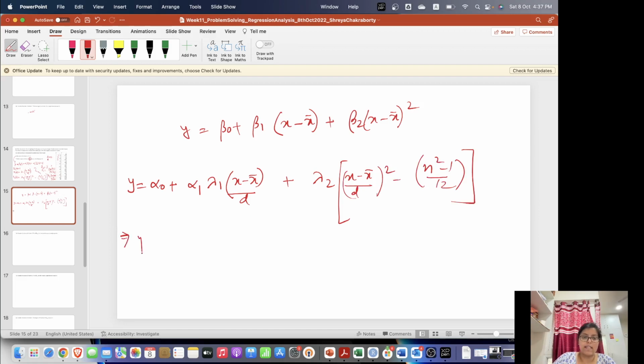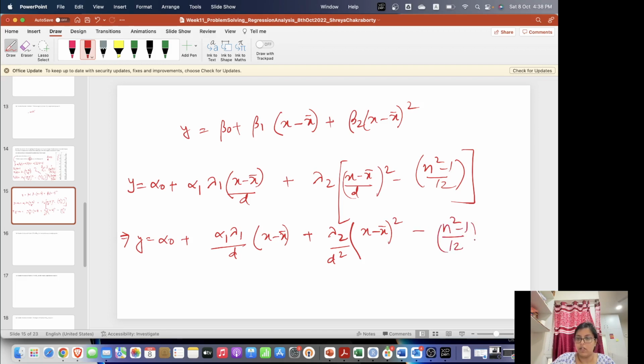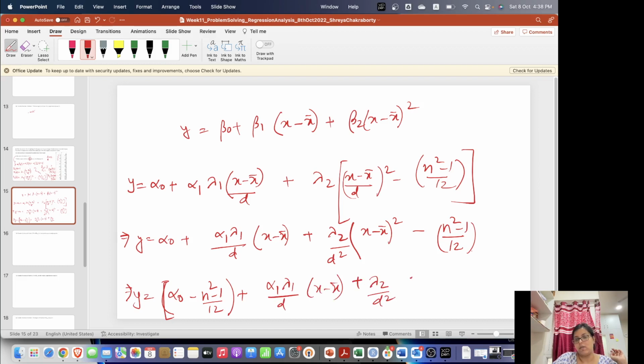So this implies that y can be written as alpha naught plus alpha 1 lambda 1 by d (x minus x bar) plus alpha 2 by d square ((x minus x bar) square minus (n square minus 1) by 12). So again, by rearranging, we can write it as this thing plus alpha 1 lambda 1 by d (x minus x bar) plus lambda 2 by d square (x minus x bar) whole square.